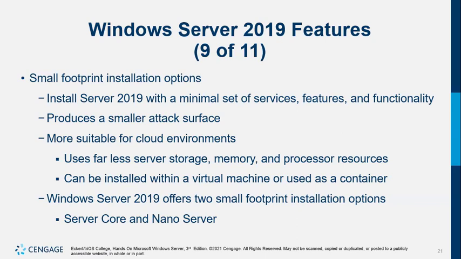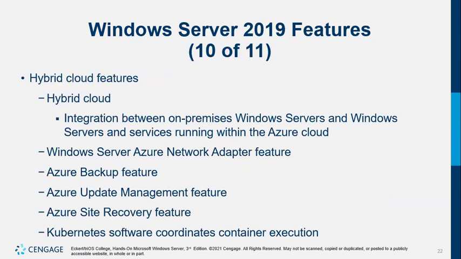You have a lot less resources being used on the system. So it does use less storage, memory, and processor, is much more efficient in those terms, and does provide a little less of an attack vector.